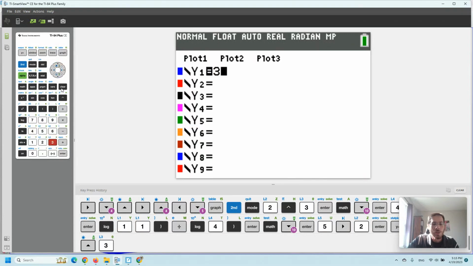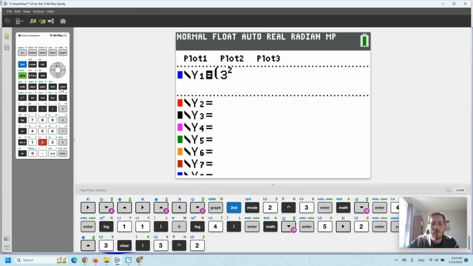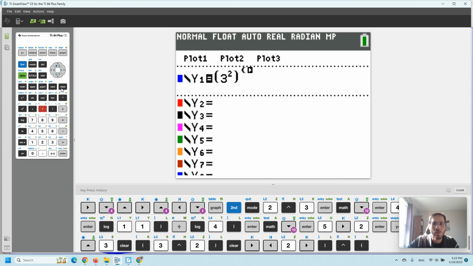So 3, do that in parentheses, 3 squared to the x minus 2 power. I can't put in an x, and everything went away again.